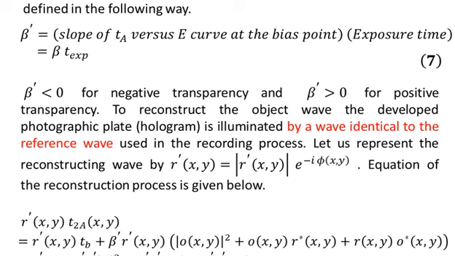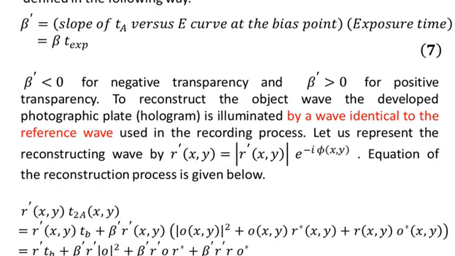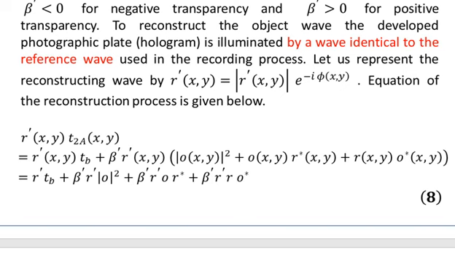So this R prime is our reconstructing wave, and the reconstructing wave will be multiplied by the amplitude transmittance of the hologram. Equation number 6 gives you the amplitude transmittance of the hologram, and we shall be multiplying the R prime beam to both sides of this equation number 6, which we have done in equation number 8.